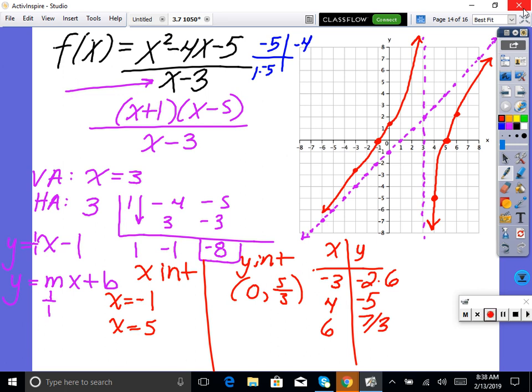Guys, here's the problem though. We don't have any points plotted in here. There could be a graph in here. We obviously know if we plug in 4, we got this, right? So we know on this side we're good. But do you guys see what I'm saying? We probably should plot a couple points in here to make sure there's not a graph in here, because there might be a graph like this.